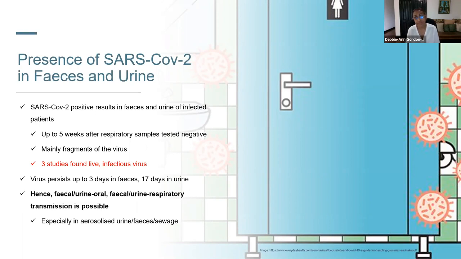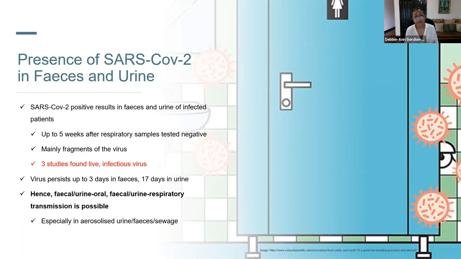Mainly fragments of the virus have been found in the feces and urine, but 3 of the studies that I read found live infectious virus in feces and in urine. Other studies have shown that the virus can persist up to 3 days in feces and 17 days in urine.